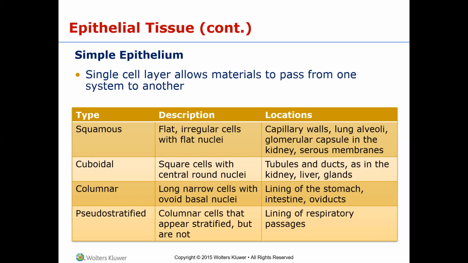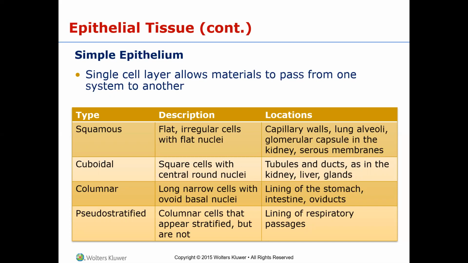The type of cell, again, can be characterized by its shape. The squamous is flat and irregular. It has a flat nuclei. It can be found in capillary walls, the lungs, the glomerular capsule of the kidney, as well as some of the serous membranes, of which we'll be going over.